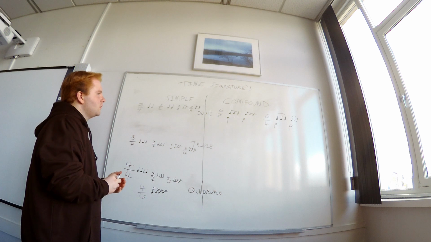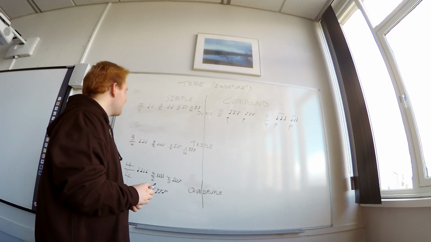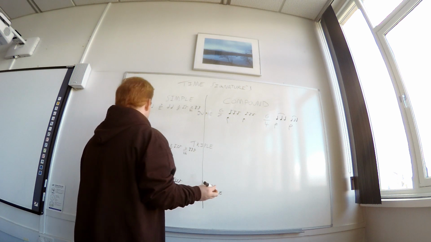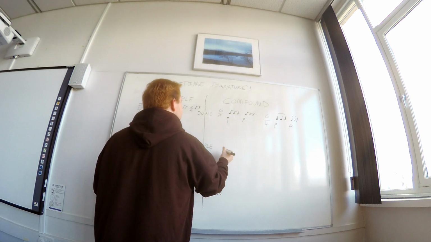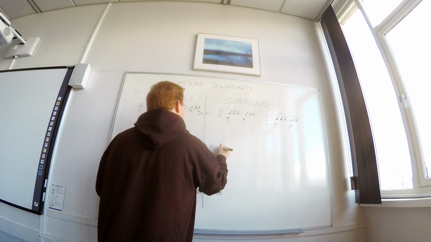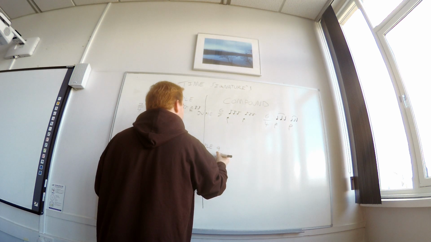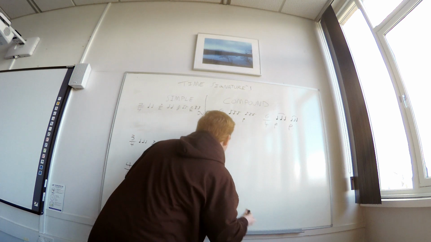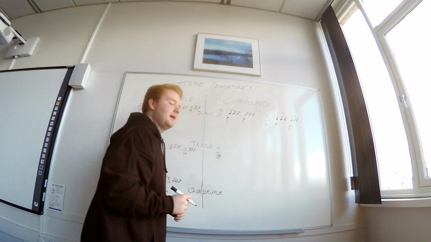Okay. So triple. The triple for 3 in compound time is actually 9/8.